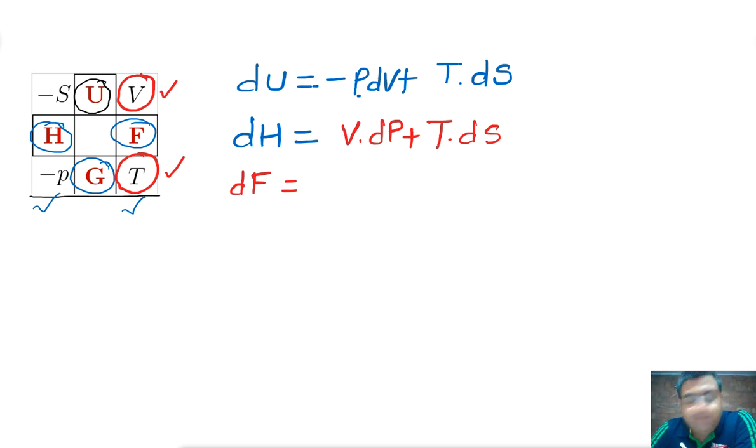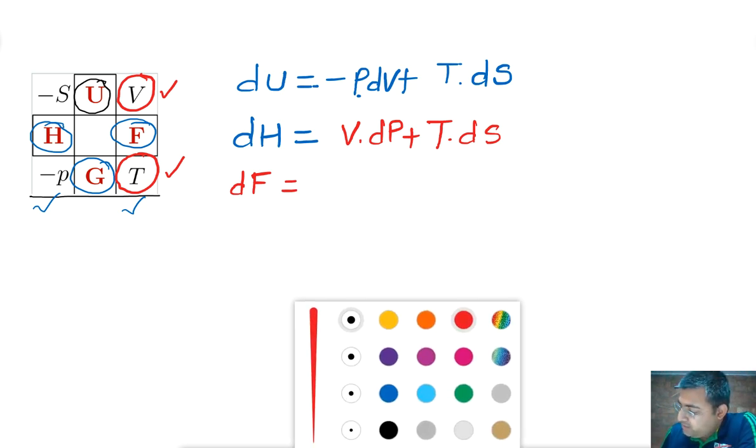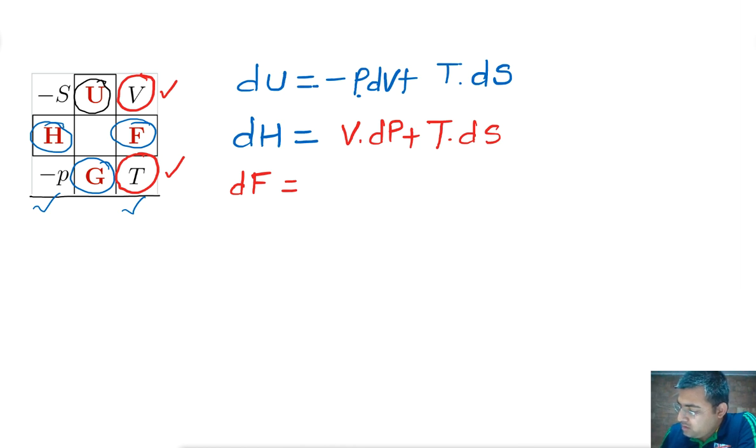Okay, now the opposite element for f are basically s and p. So s is also having negative, p is also having negative, so we will write minus s and minus p.